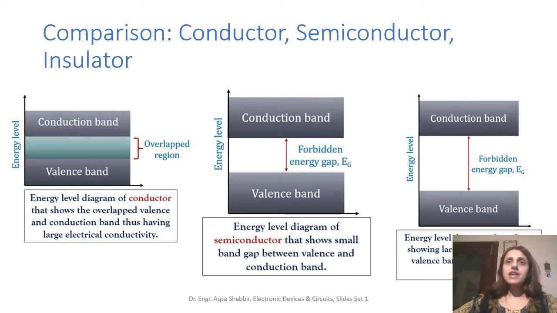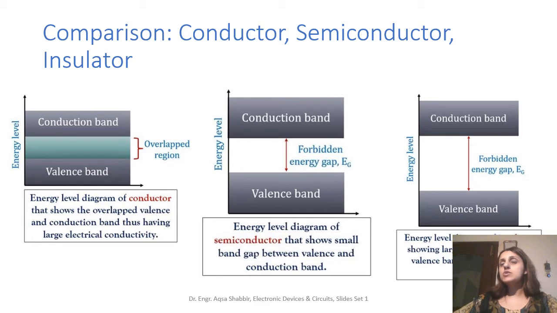And the forbidden gap, or the energy gap needed by electrons to go from the valence band, which is the outermost shell of the atom, to the conduction band, where they're freely available for conducting electricity, is very, very small. In fact, the valence band and the conduction band are overlapping, which is why our conductors have a very high conductivity.